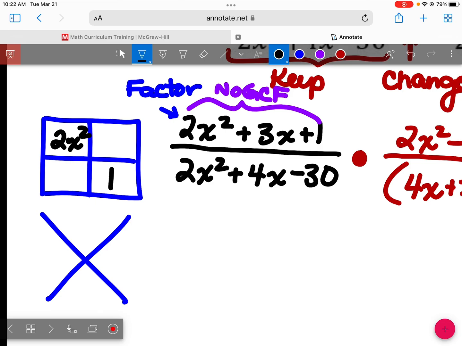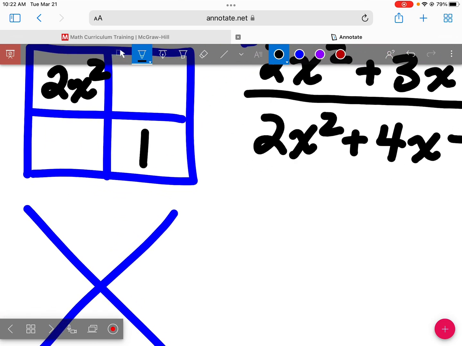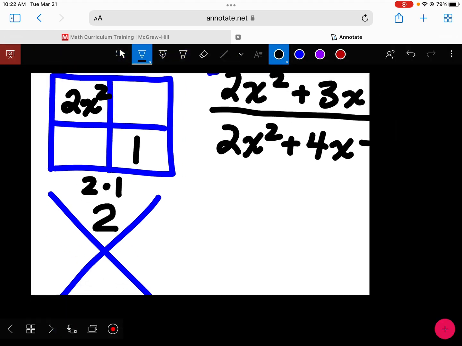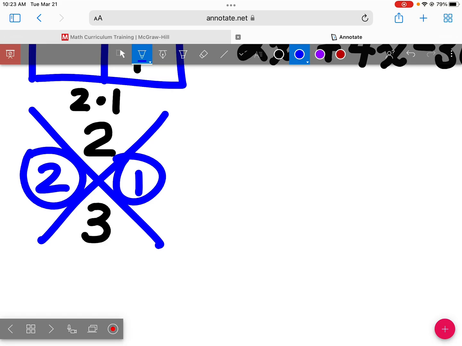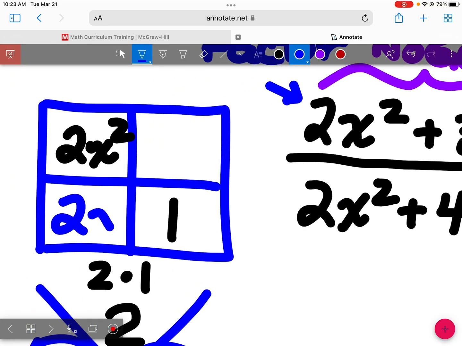What would go up on top of my x? 2 times 1, right? Or 2x squared times 1. So I need two numbers that multiply to give me 2, but add to give me what? 3. What multiplies to 2 and adds to 3? 2 and 1. So 2x and 1x.